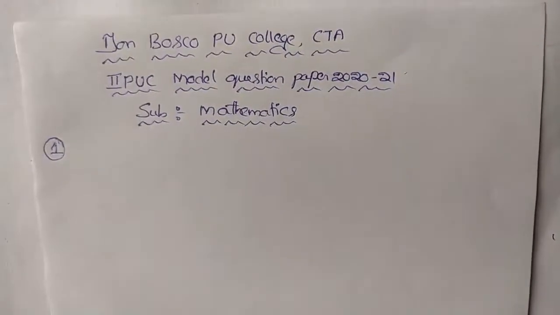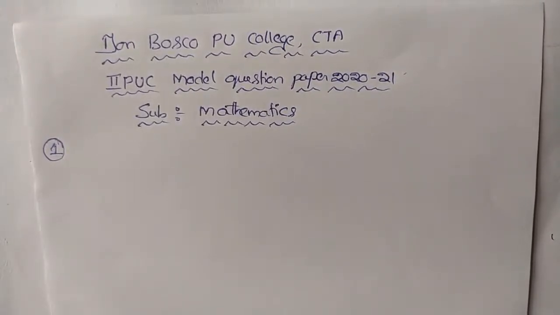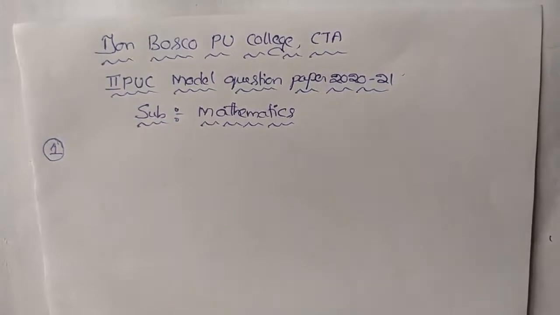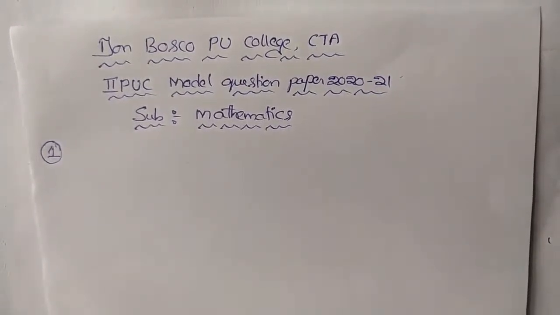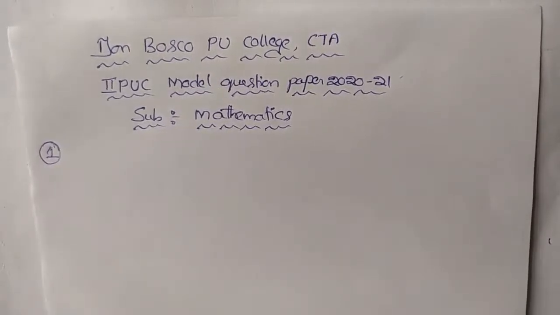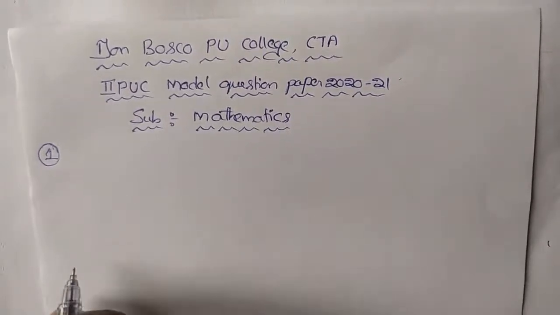Let star be the binary operation on N, where N is natural numbers, given by a star b equals LCM of a and b. Find 5 star 7.